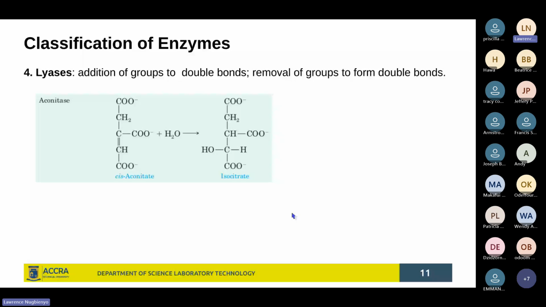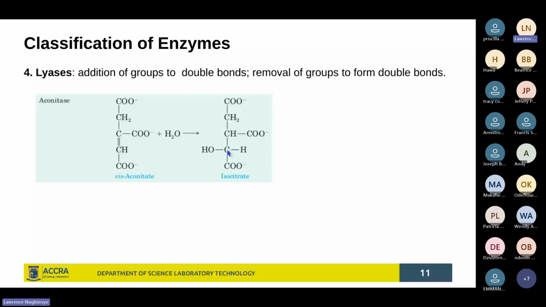So if the reaction that we are looking at was in the reverse reaction, then there was a removal of a water molecule from isocitrate to now give you cis aconitate, then the double bond is formed. But in the forward reaction, we see that it is rather the addition of a hydroxyl and a hydride from the water molecule that removes the double bond from the molecule to now give you isocitrate.